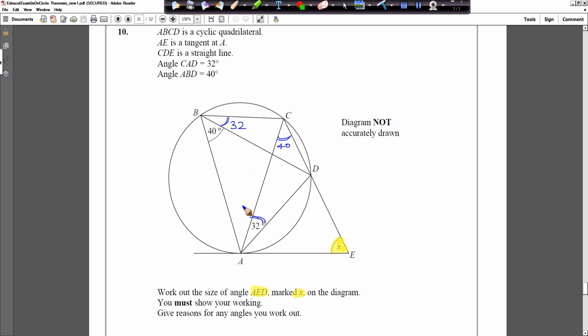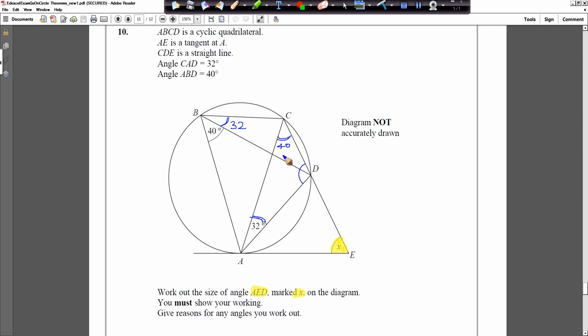Okay, what else do we know? So that's 32 because it matches that one, that's 40 because it matches that one. Now, if you know this angle here and that angle there, do we know this angle? That's 40, that's 32.